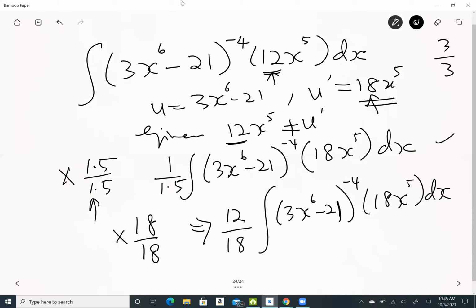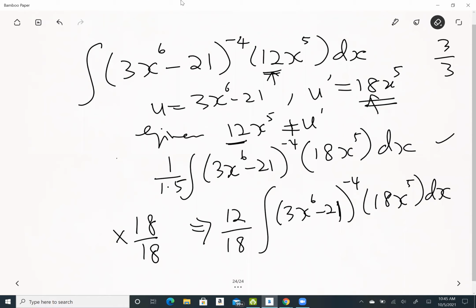So I got 12/18, because you are given 12 here. Then you bring it out, divide by the new denominator 18, and the 18 you put into the coefficient of x^5. So 12/18, of course, equals 2/3.